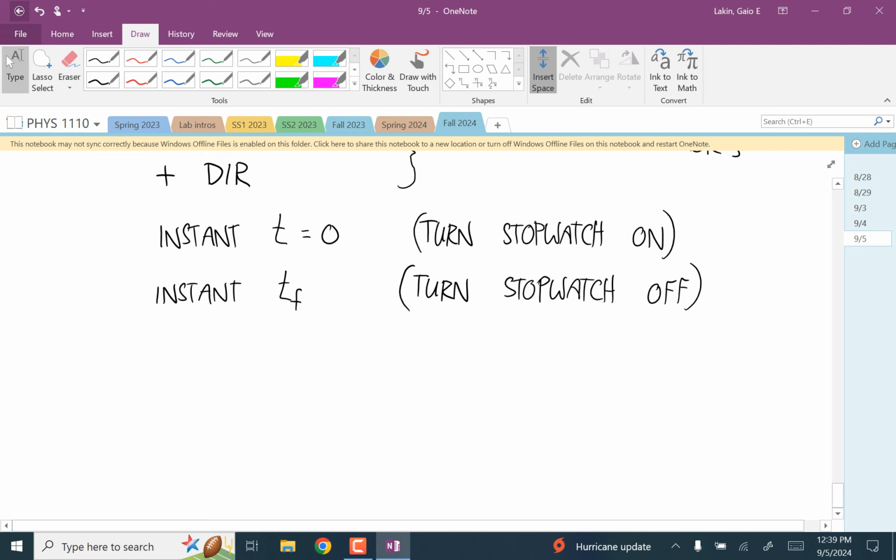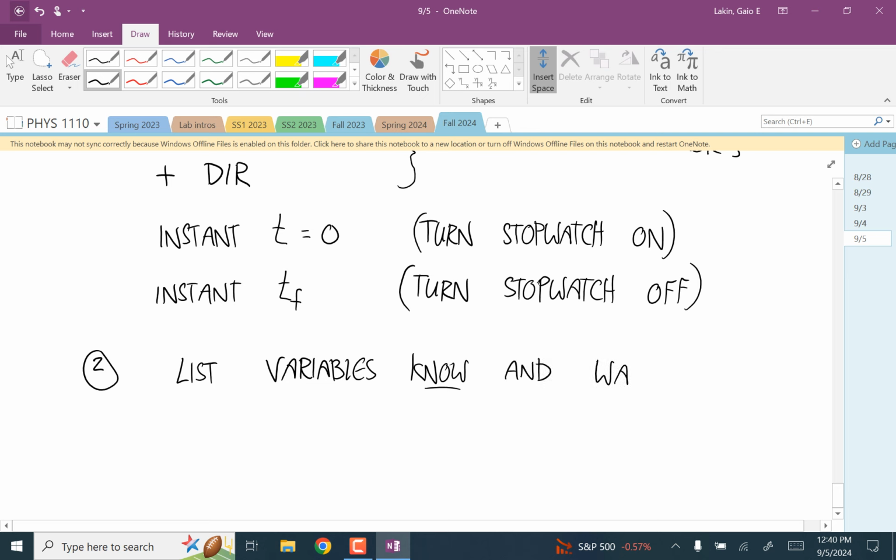Okay, once we've chosen these things, now we can list the variables that we know and the variable that we're trying to find out of the complete list.